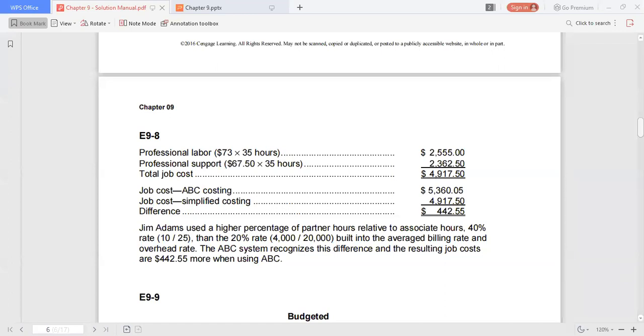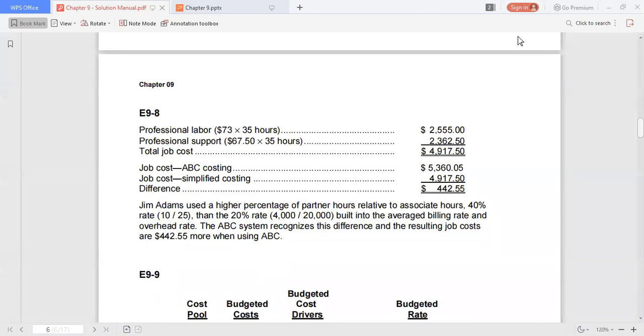Okay. So compute the job cost for Jim Adams, client in E9-7, using the simplified costing system and determine the difference between it and the job cost using activity-based costing in E9-7 and discuss the reasons for the difference.